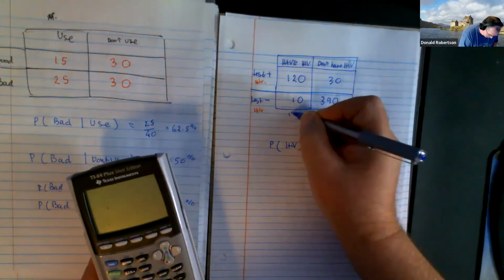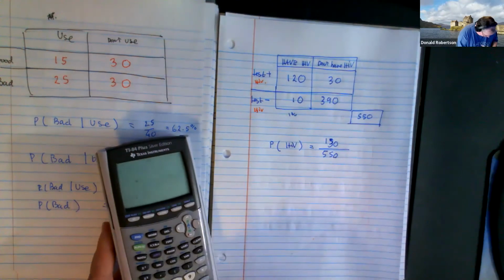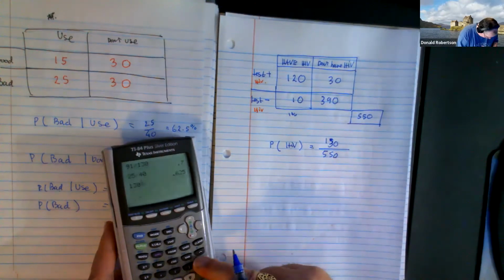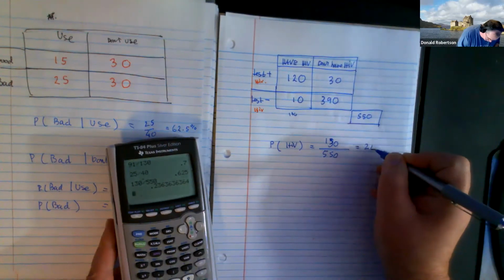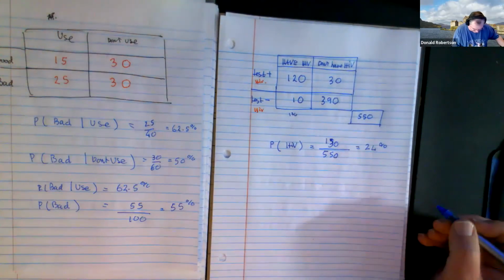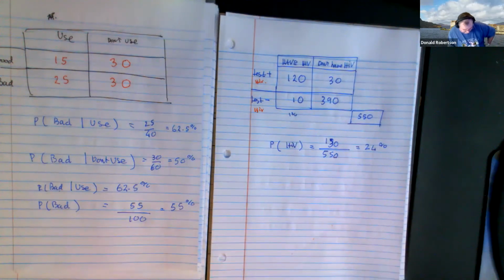You add that, count on there. And that's about 24%. Okay, so in this particular trial, testing the test, 24% of the people had HIV, right?